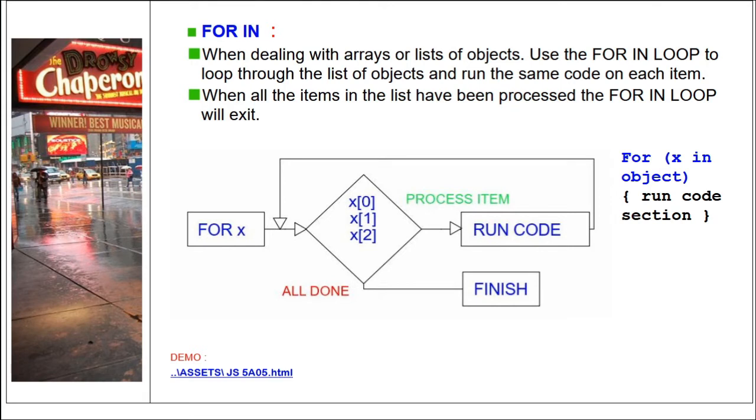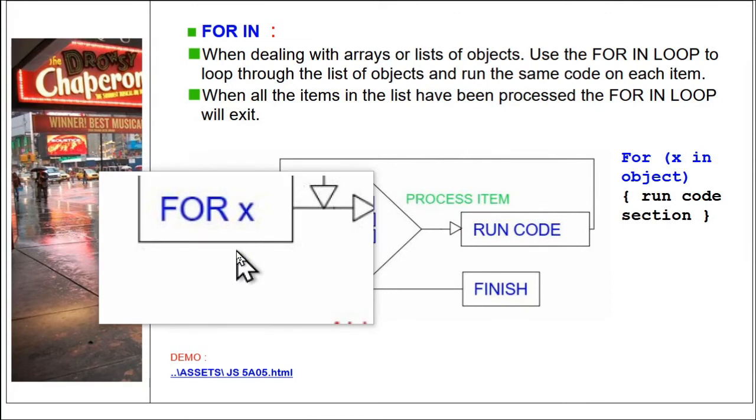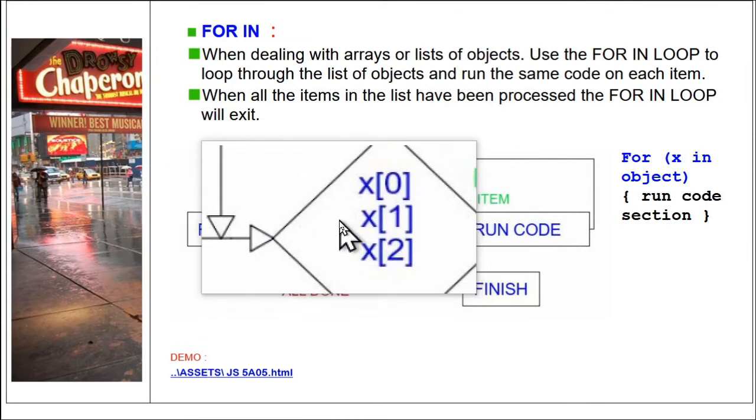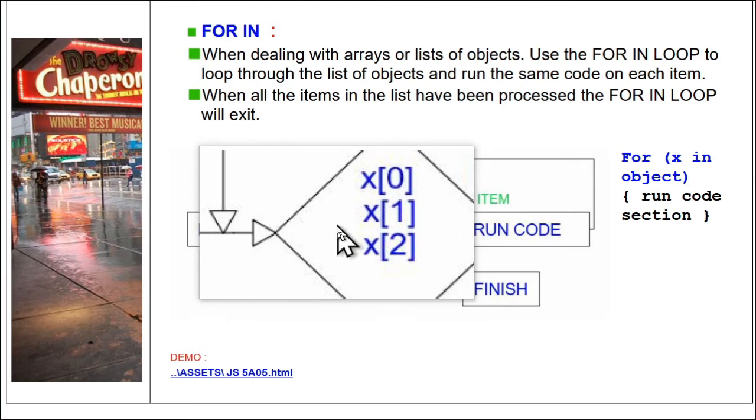And the way we can describe this is like this. So for x, where x is an array, loop through the array, using the array items x0, x1, x2.